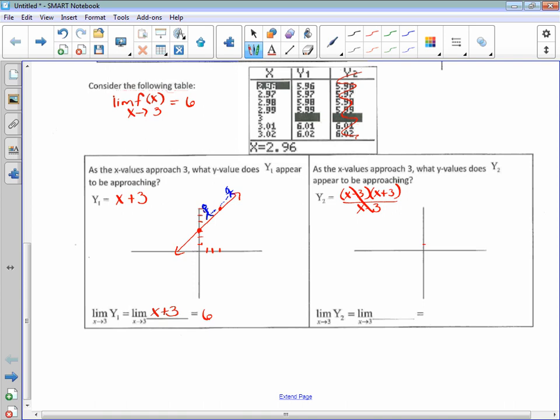There's a hole. 3, 6, 12. So you've got this line, and there just happens to be a hole there. So the limit of your second y equation here, or of x minus 3 times x plus 3 over x minus 3, what is the limit going to equal in this one?